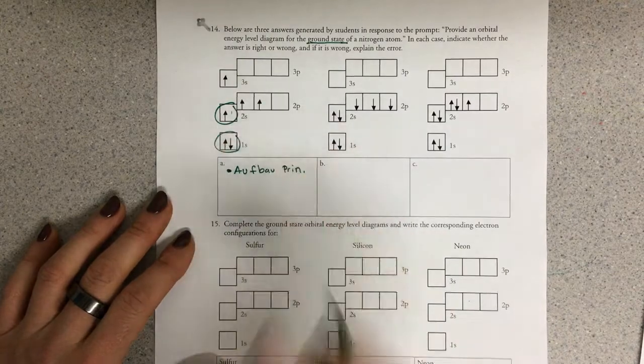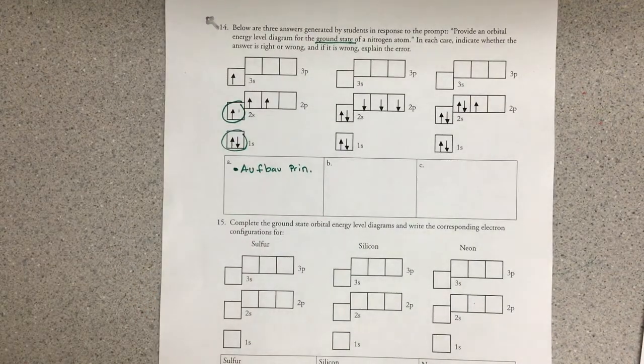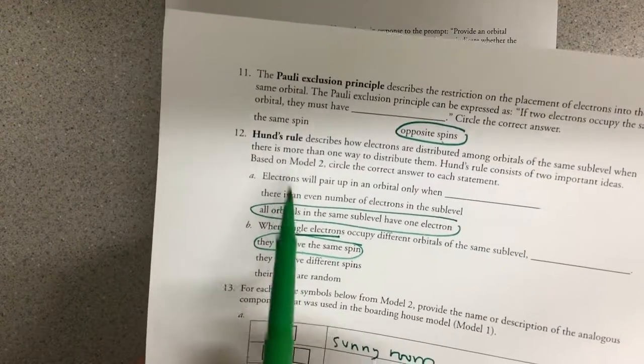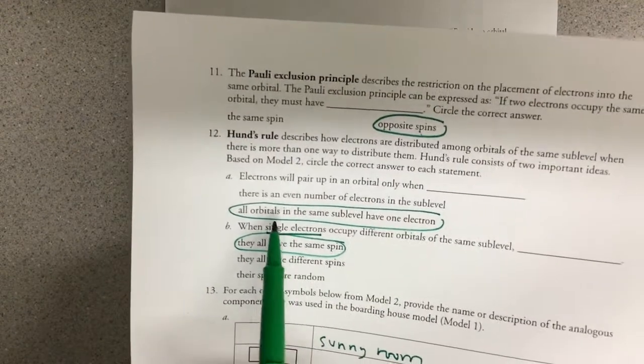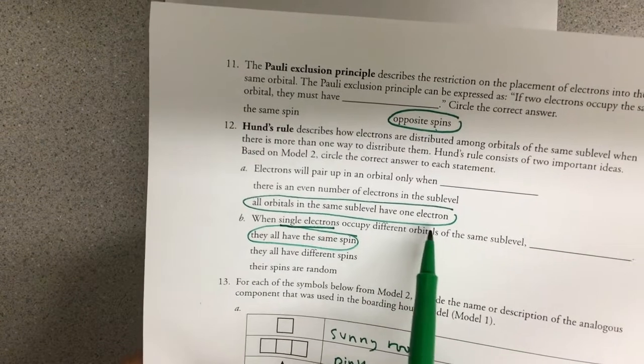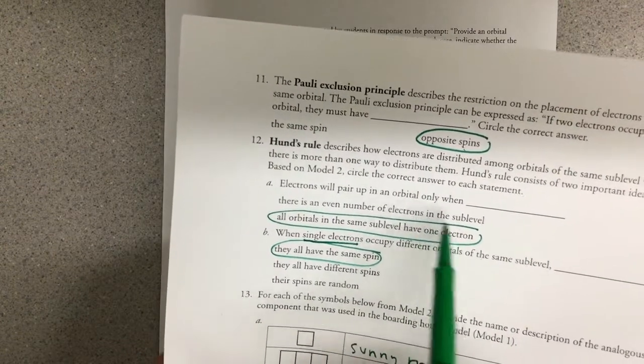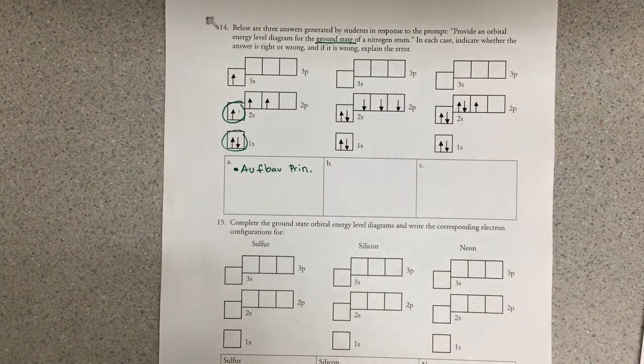Okay, let's see. The Pauli exclusion principle has to do with the opposite spin, so we're good. And then Hund's rule is that all orbitals in the same sublevel have one electron before electrons pair up, so that doesn't have to do with it.